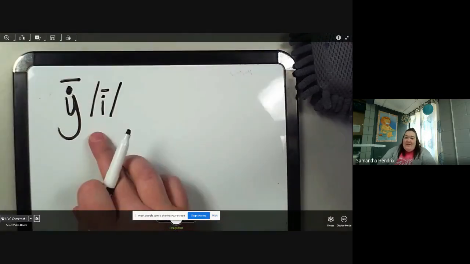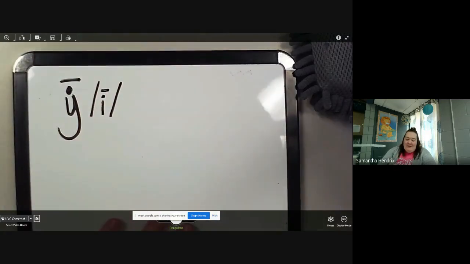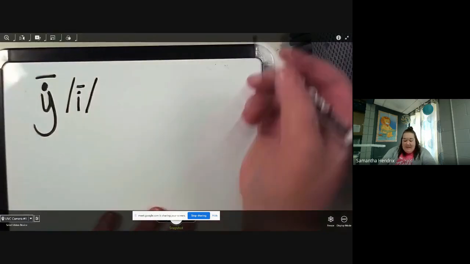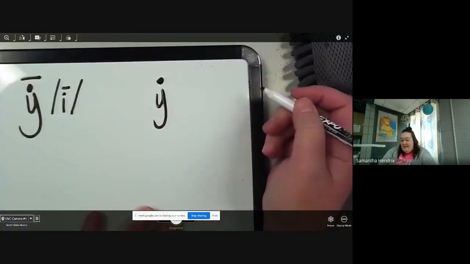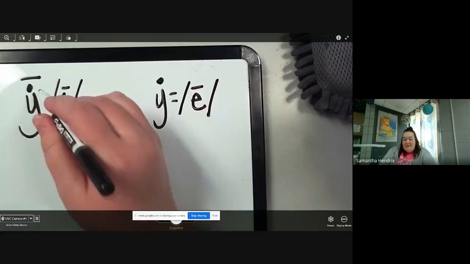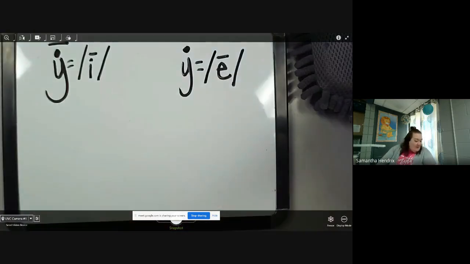When you see letters in these, that's just telling you it's the sound. So how do we code Y's that sound like E? We just do vowel Y. Okay, so that's telling you what that sound is. So let's code some words like the ones you'll see on your worksheet today. Okay?